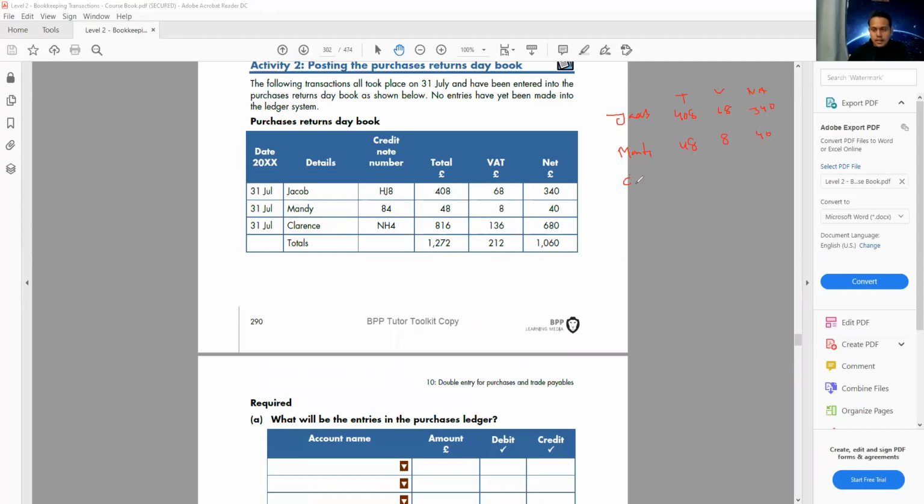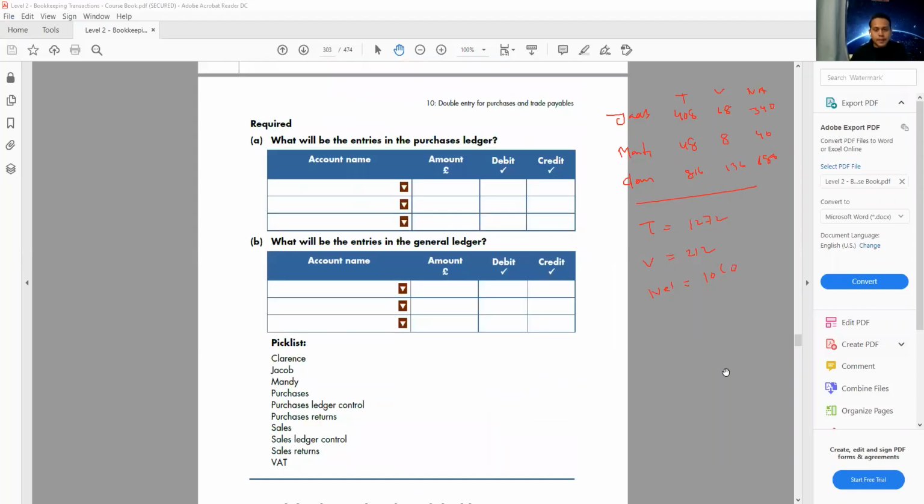Then clearance is 816, 136 for the VAT, 680 for the net. All right, so I have a total of 1272. VAT total is 212, and the net I have is 1060. That's fine.